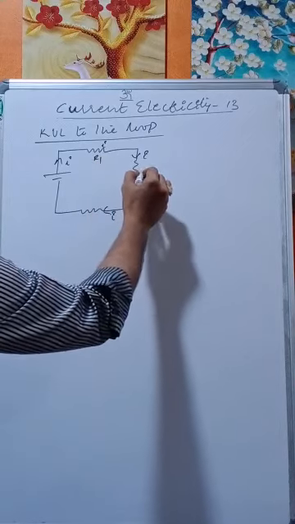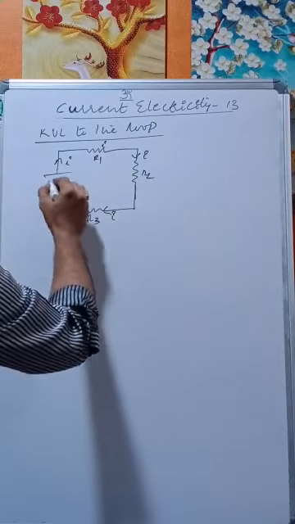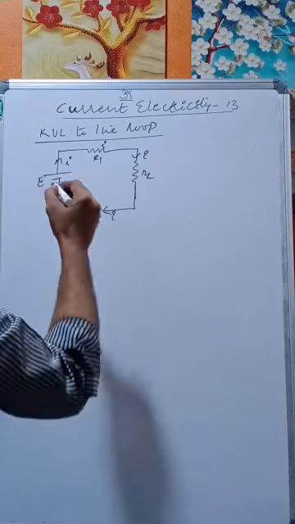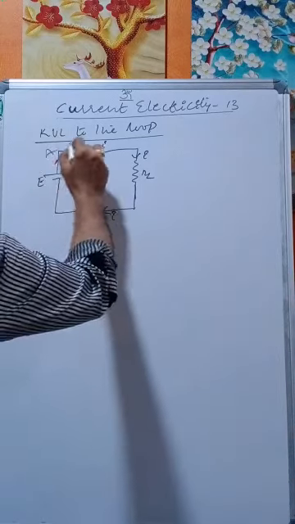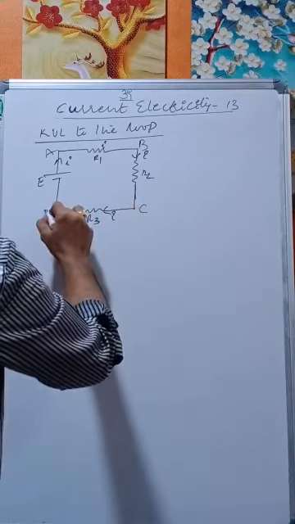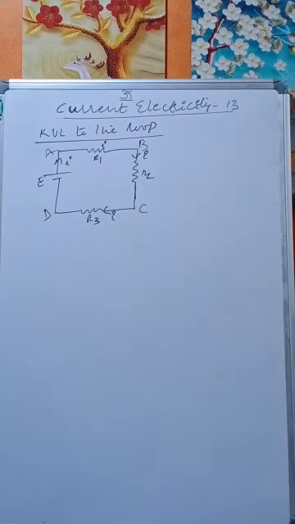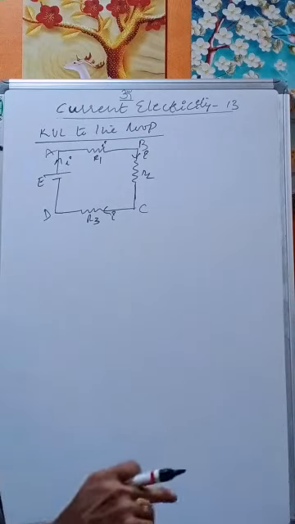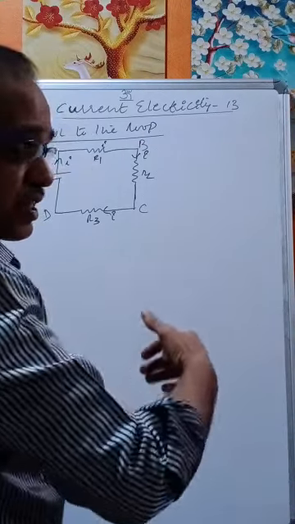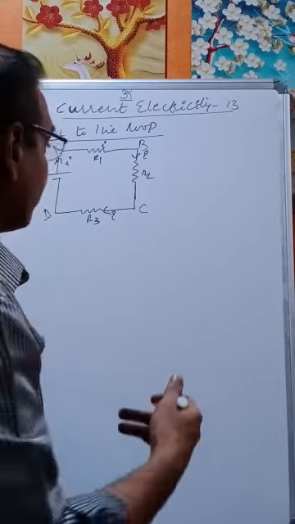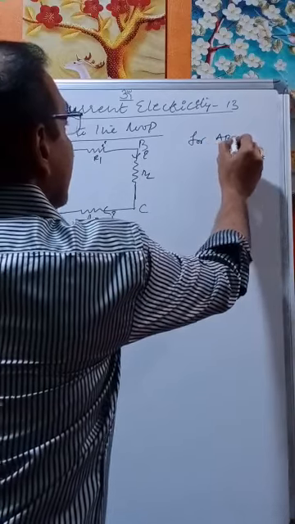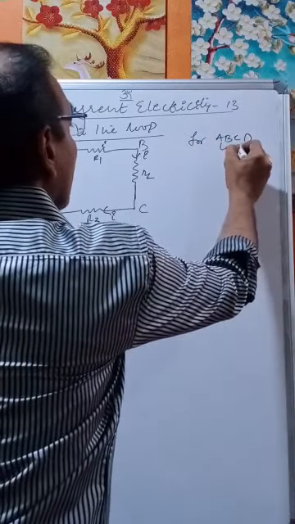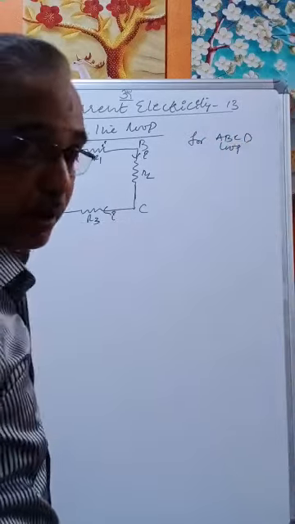This is R1, this is R2, this is R3, this is E. We are moving through A, B, C, and D. Now, how can we consider this loop? I am taking a simple loop. Next, we can extend this to a complicated circuit. Let us say the loop ABCD, a closed circuit or mesh.